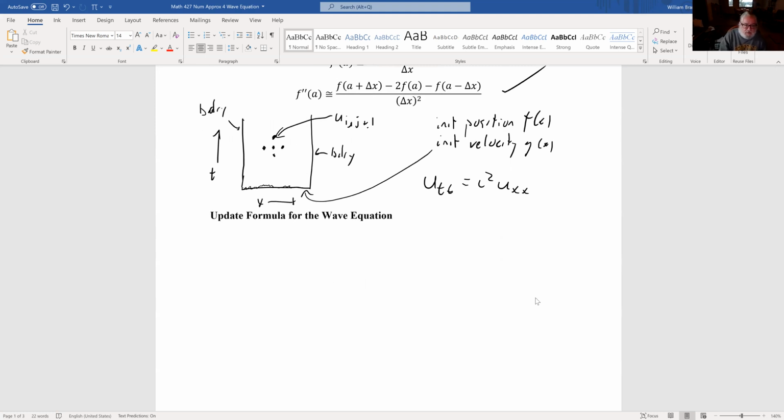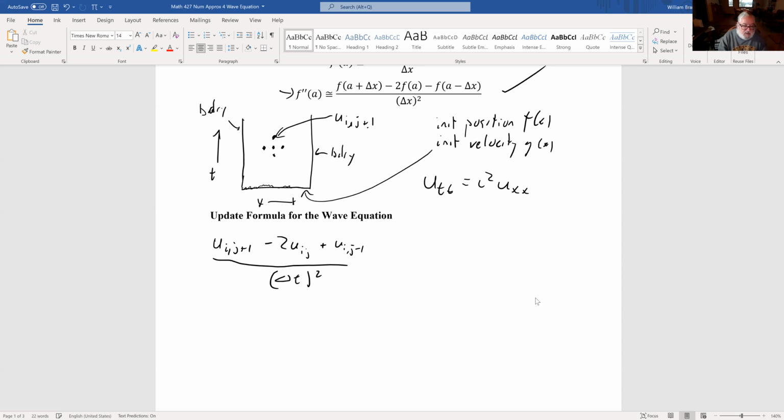Well, we need to use this formula twice, once on time and once on position. So u_tt is going to be u of i, j plus 1 minus 2 u i j plus u i, j minus 1 all over delta t squared.